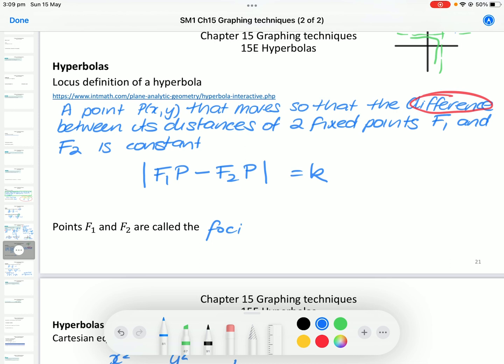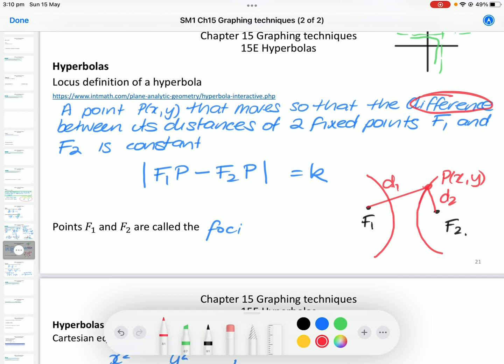So I'm just going to show you what it looks like. I'm going to do 2 points, F1 and F2, and I'm going to put a point P on them so that this distance from P to F2 and the distance here from P to F1, which I'll call distance 1, the difference between those two is constant.